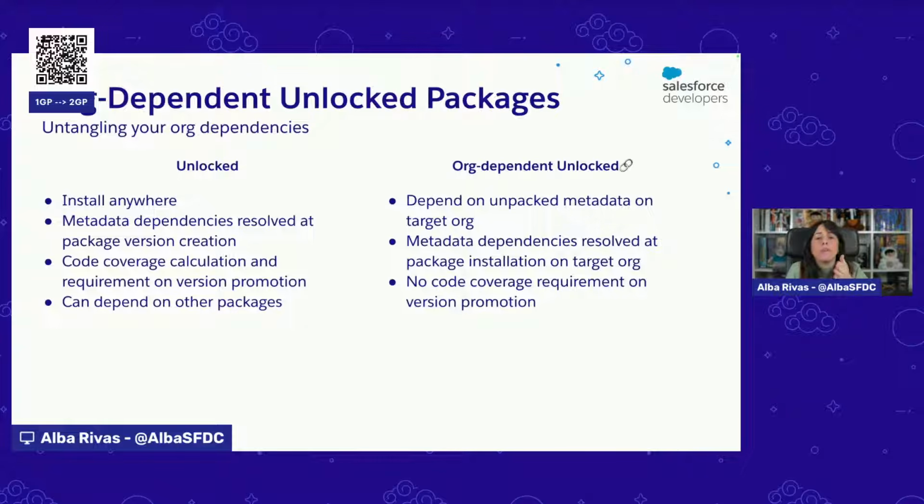You start with an org-dependent unlocked package, and you start adding things into it, but you don't have that strict restriction of having to make it self-deployable, right? And not having dependencies with anything else. At the same time, it has some drawbacks, because you can't install it anywhere. It depends on the org in which you are installing it.